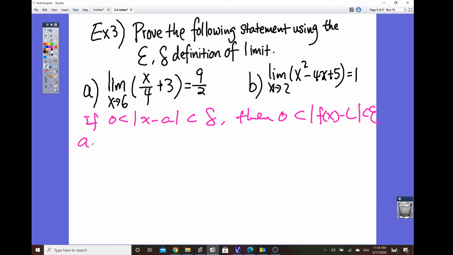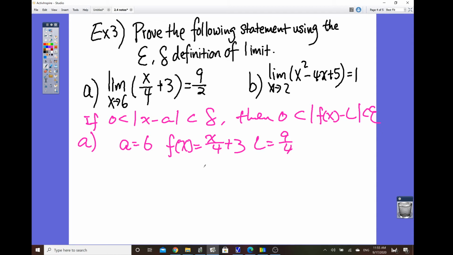So we need to find the value of a, L, and the function. For part A, the value of a is 6. F of x, the function itself, is x over 4 plus 3, a linear function. And L is 9 over 2.